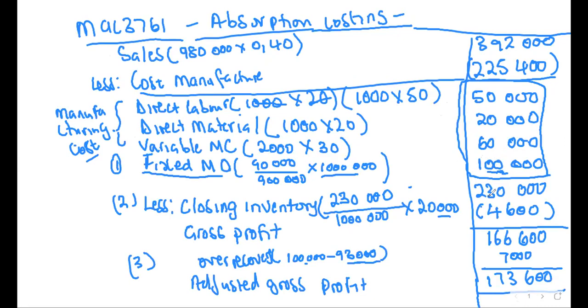So which means there will be a lesser figure here. It will not be more than 230, it will be less than 230. So the value of closing inventory here is going to be different from the one that we have here. So that's the reason why we have different profit figures when we use these two costing systems. Right, so that's the profit using absorption costing.